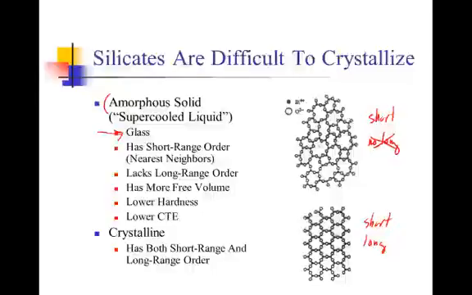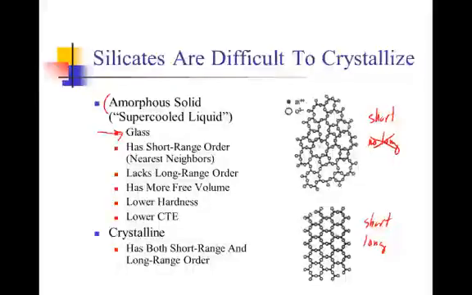If you look in the silicate crystal, each silicon has 3 oxygens it's bonded to within the same plane, and 1 out of the plane that's not shown. Each silicon in the amorphous structure, the glass, also has 3 immediate nearest neighbors, their oxygens.